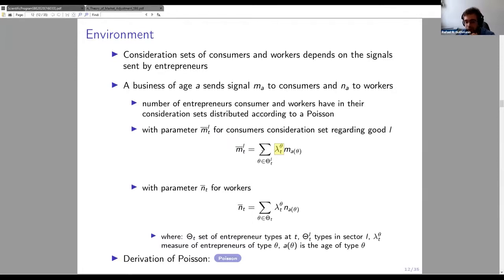Then workers and consumers will have on average M_A of these entrepreneurs in their consideration sets, distributed according to a Poisson. So some consumers will have 0 entrepreneurs in their consideration set. Some consumers will have 1, some have 2, but on average they'll have M_A. And workers in the same way will have 0, 1, 2, 3, etc., with the average being N_A.